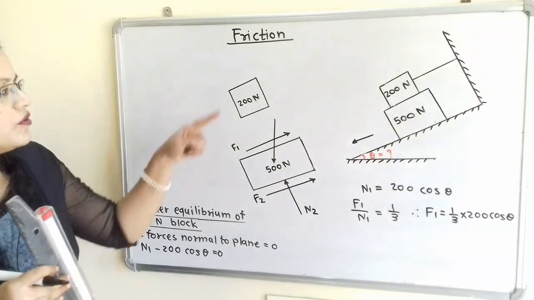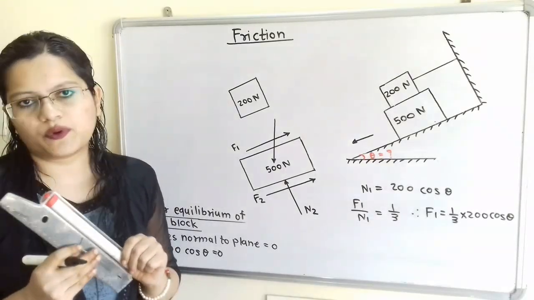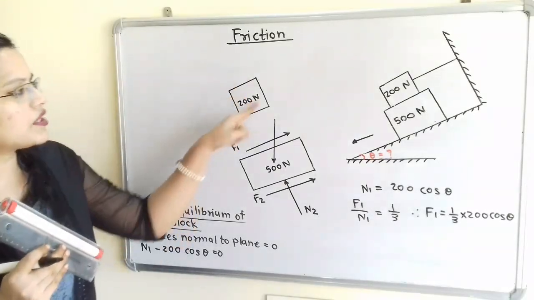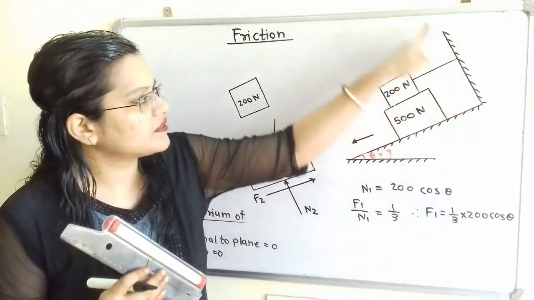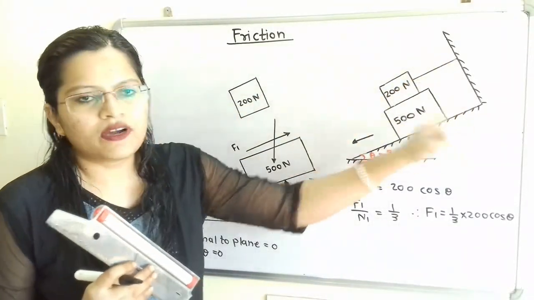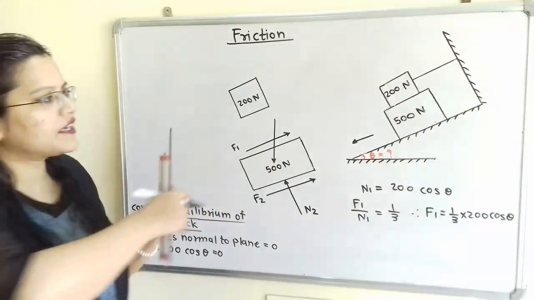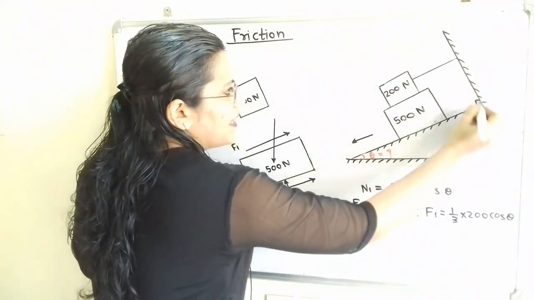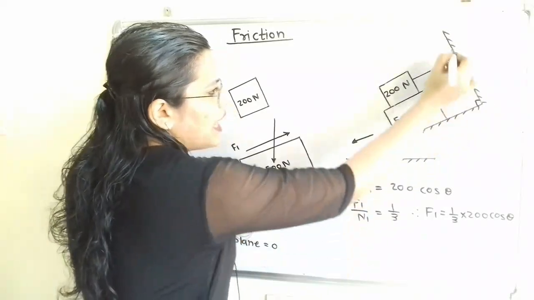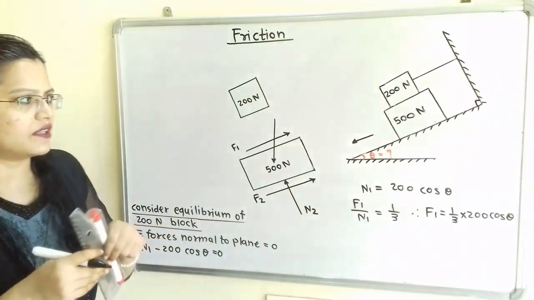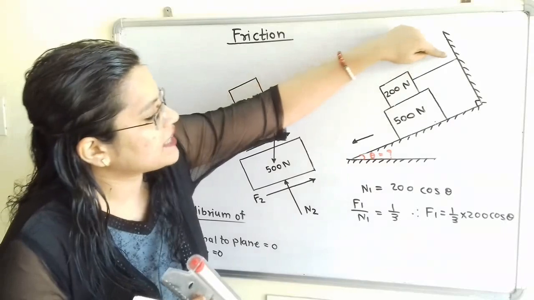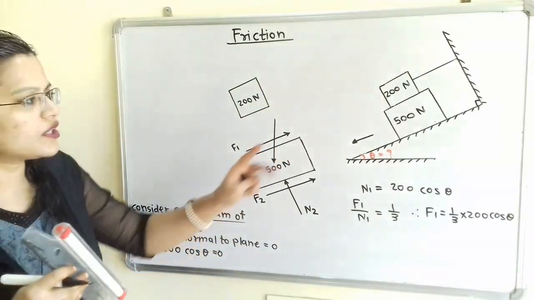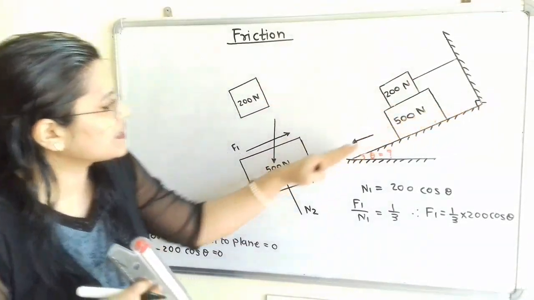Now we will move to the 200 Newton block. This 200 Newton block is tied to this vertical wall. If we observe, this inclined line and this vertical line are perpendicular to each other, and the string tied to this 200 Newton block is parallel to the inclined plane.